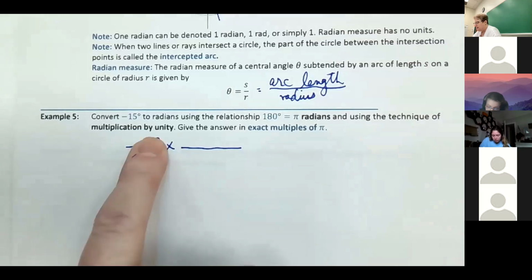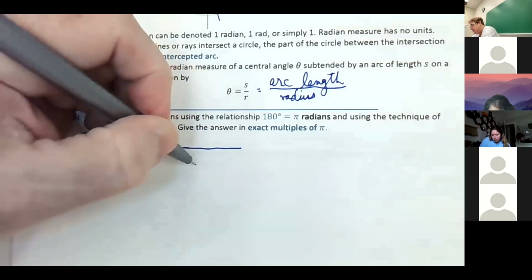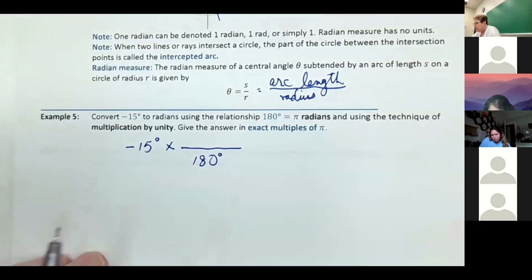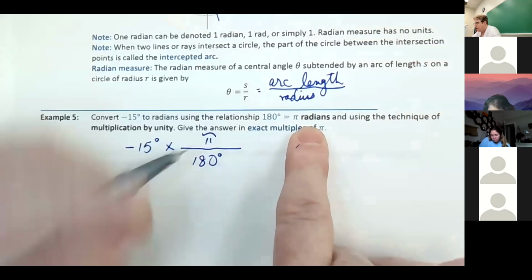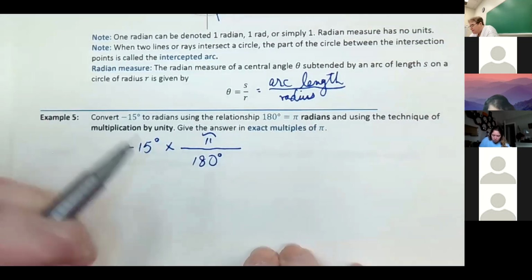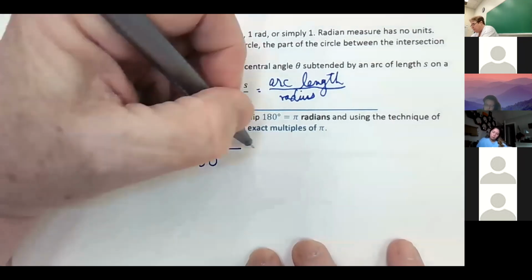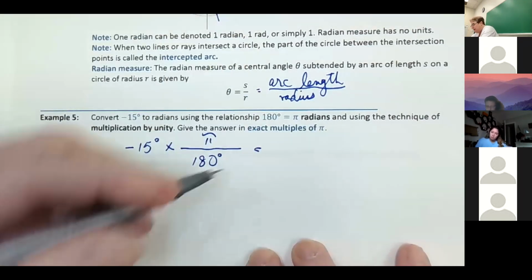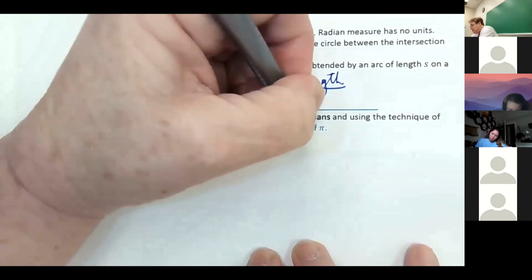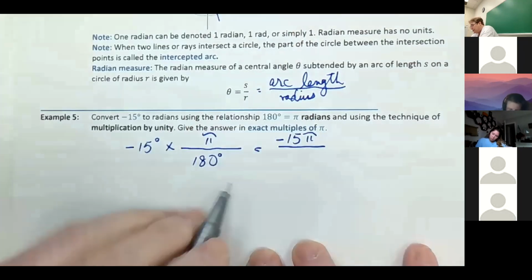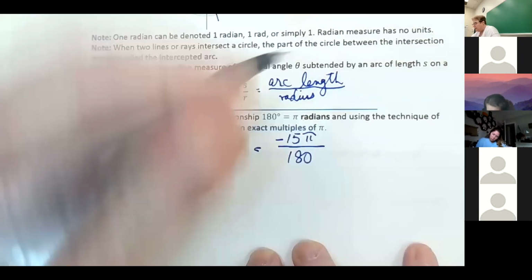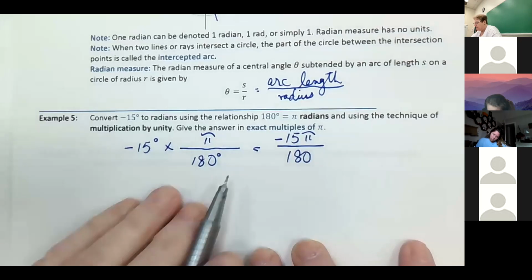I've got degrees that I'm starting with, so degrees is going to be in the denominator. Pi will be in the numerator. Now degrees are going to divide out. So I've got negative 15 pi in the numerator and 180 in the denominator. We don't have degrees anymore.